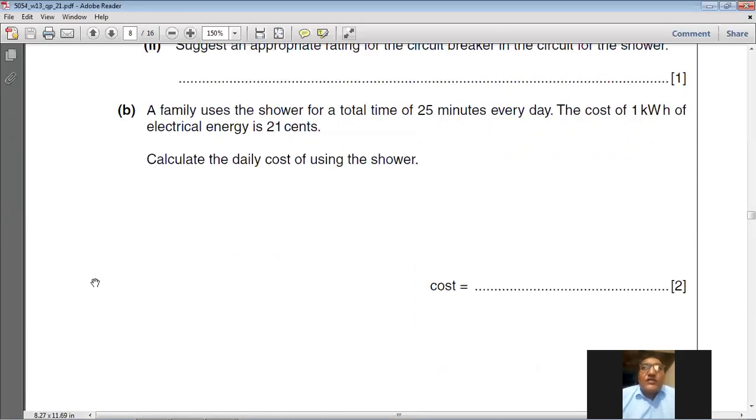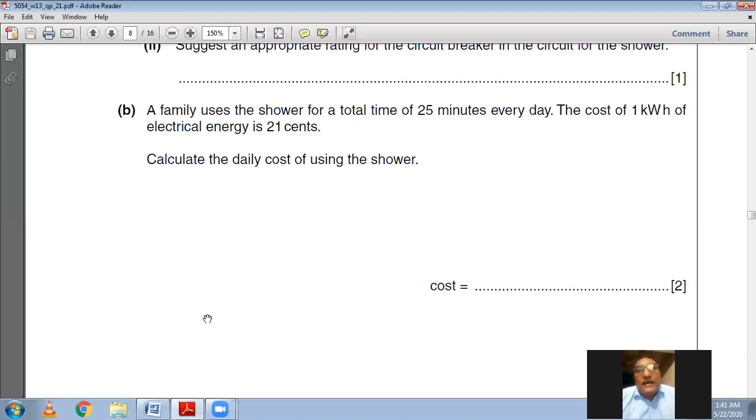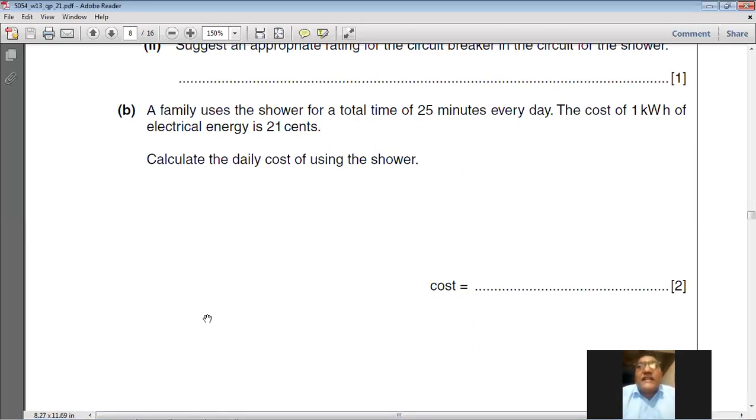The next question is, a family uses the shower for a total time of 25 minutes every day. The cost of 1 kilowatt hour of electric energy is 21 cents. Calculate the daily cost of using the shower. It's a very simple question. The cost of electric energy is power multiplied by time multiplied by the price of 1 unit.